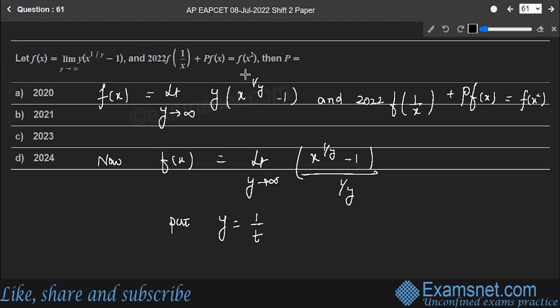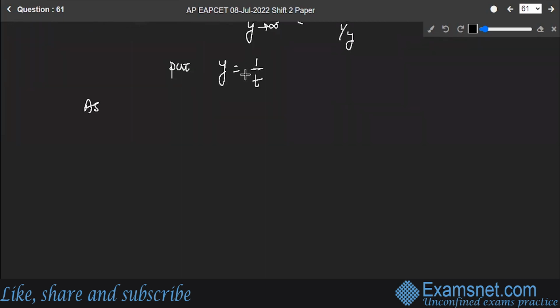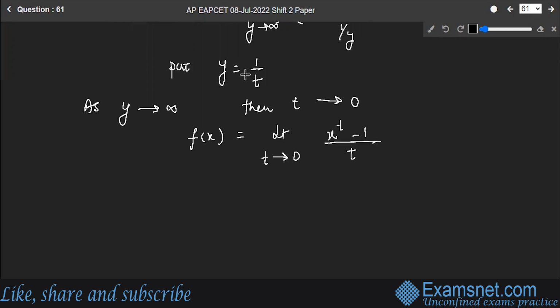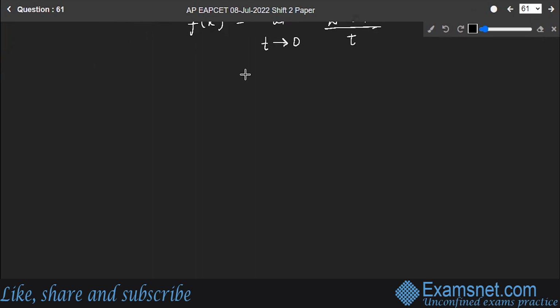So as y approaches infinity, t approaches 0. So you have f(x) is equal to limit t approaching 0 of x raised to power t minus 1 upon t. Here we will be applying L'Hospital's rule.